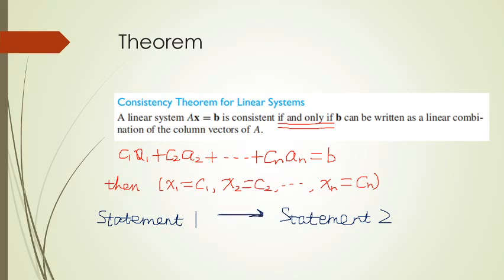And if we take statement 2 as a condition, then we can conclude statement 1. That is what if and only if means, the logic of those words. So that is the theory for the consistency.